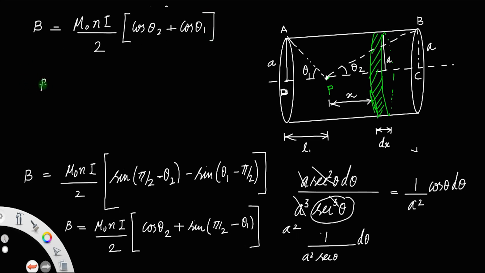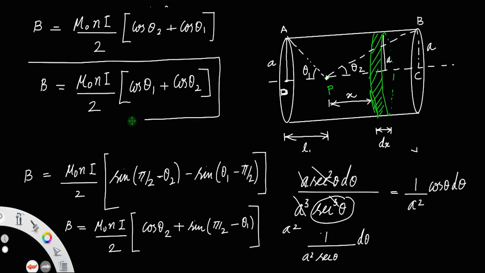Or in other words, magnetic field B is equal to mu 0 n I by 2 cos theta 1 plus cos theta 2. So this is the expression for the magnetic field produced by a solenoid. Now we have to take the special cases.